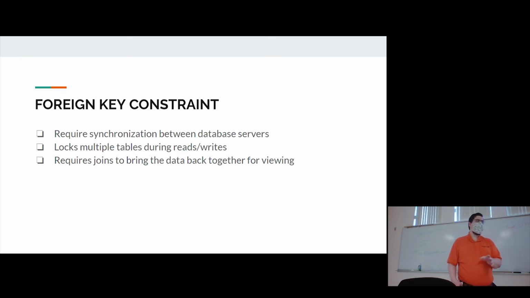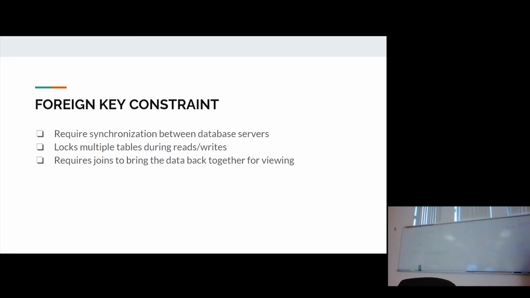What they do is try to prevent you from having invalid data. Foreign keys exist to try and stop your data from becoming invalid, but they come at the cost of making everything slow. Does that make sense? That's the trade-off. They're a trade-off between having correct data and having slow reads and writes.